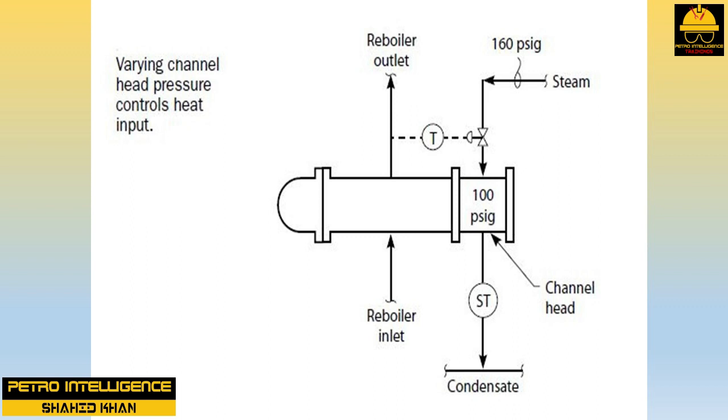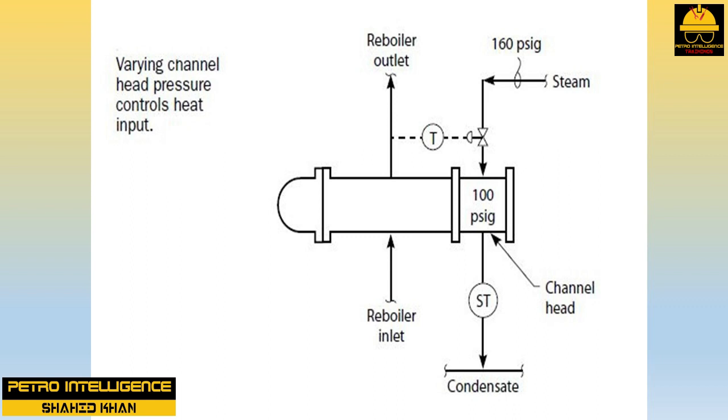Looking at the equation on the previous slide, it looks as if Q will drop in half to 5,000 BTU per hour, which is about the same as 5 million BTU per hour. Thus, the flow of steam to the reboiler has been cut in half, even though the control valve position has not moved. You might have noticed how we have used 1 million BTU per hour of heat interchangeably with 1,000 pounds per hour of steam. This is approximately correct for low-pressure steam.